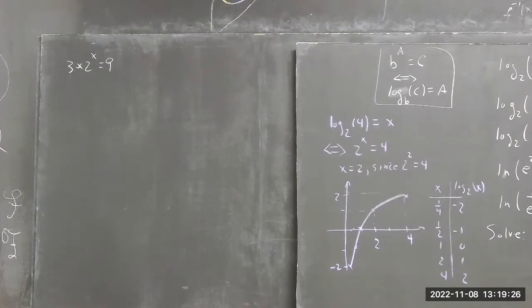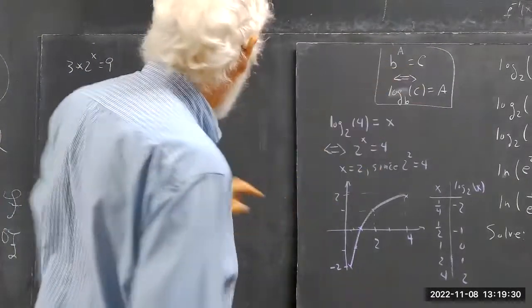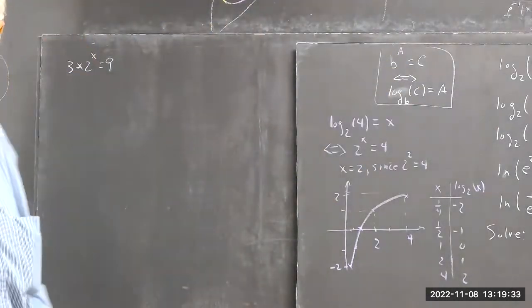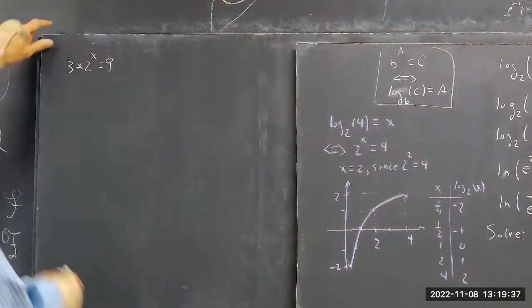What we have to do to get this into this form, because we're going to want this form since the x is in our exponent, is divide both sides by 3.